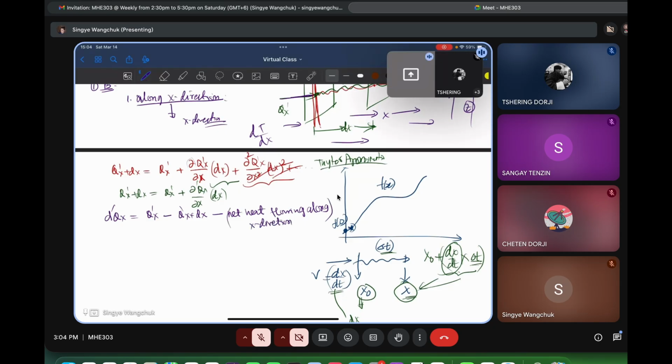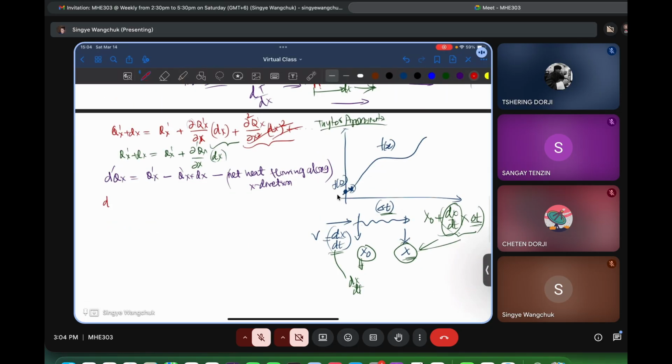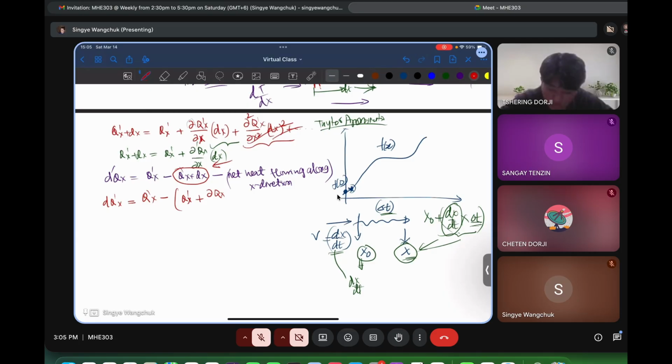So you calculate this, and then what are you getting here? You are getting dq' x equals q' x minus the value, and you have to put this in, and you will see q' x plus ∂q/∂x times dx.